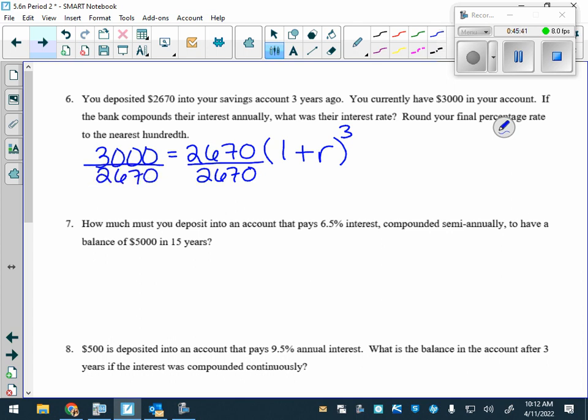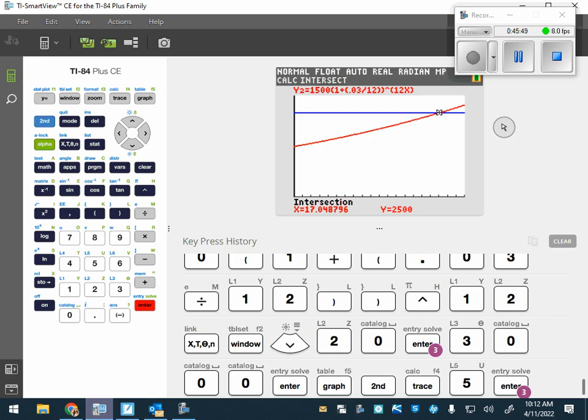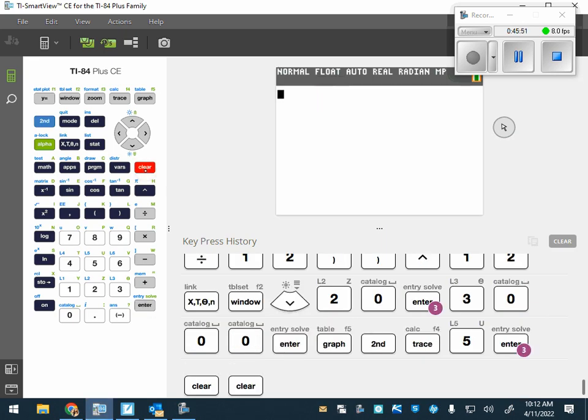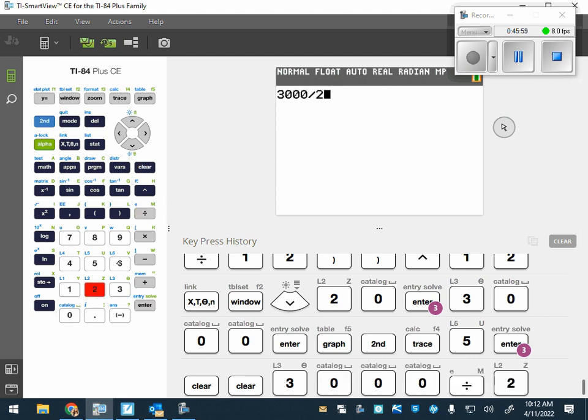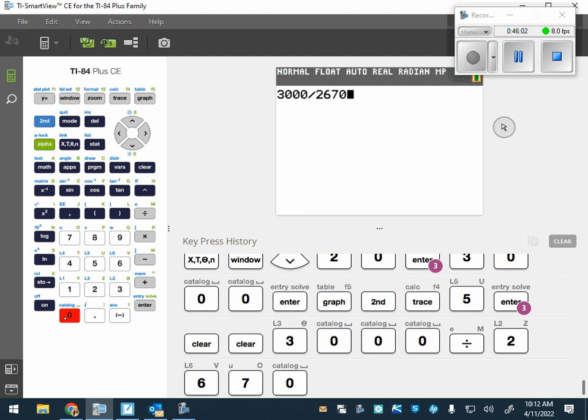Okay. So once we divide, 3,000 divided by 2670, enter.